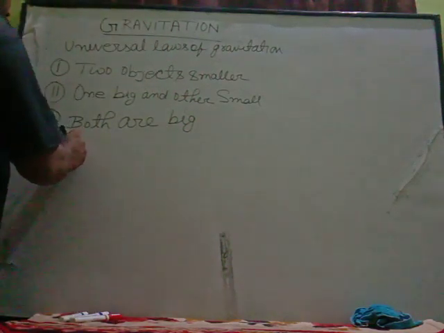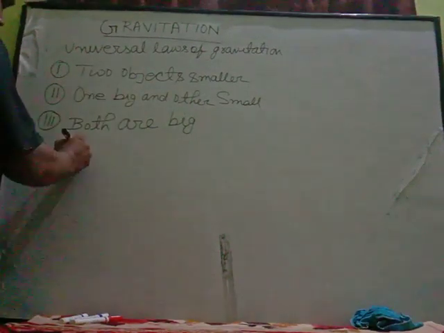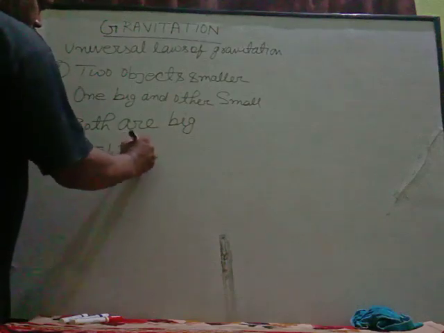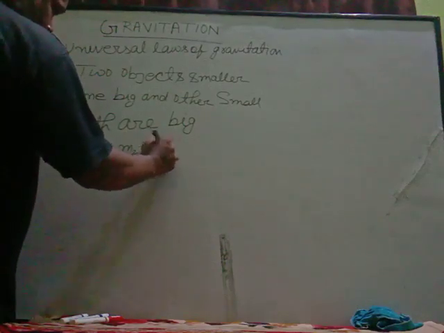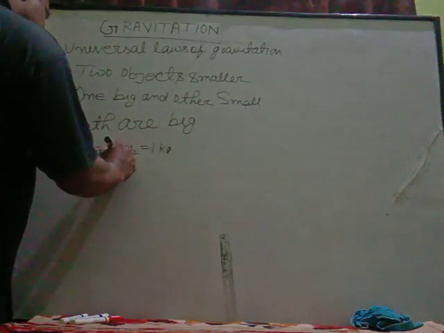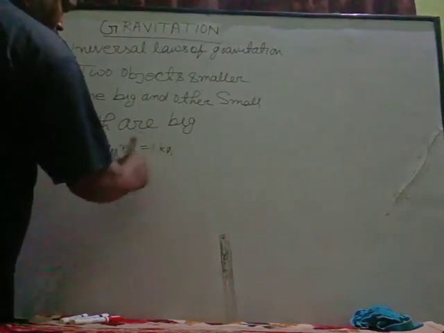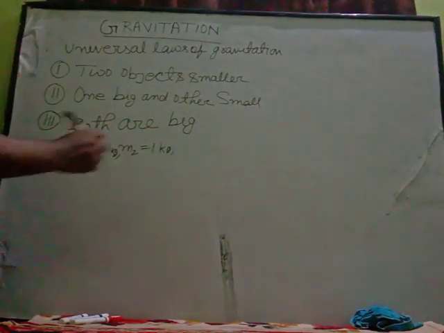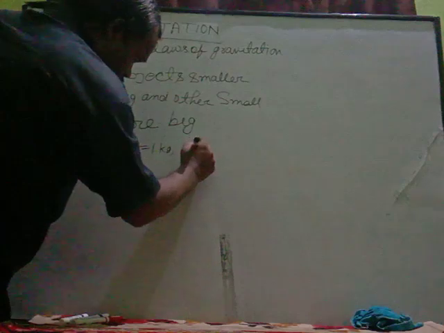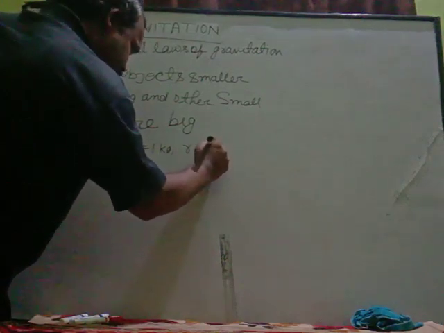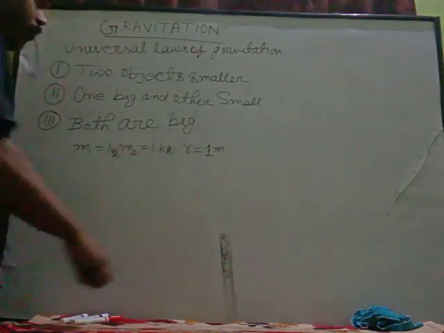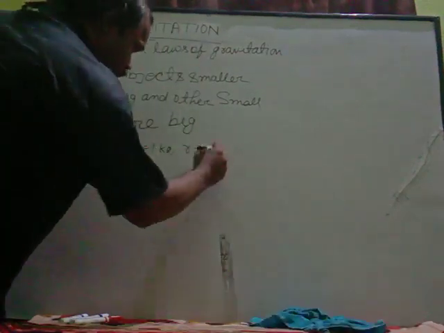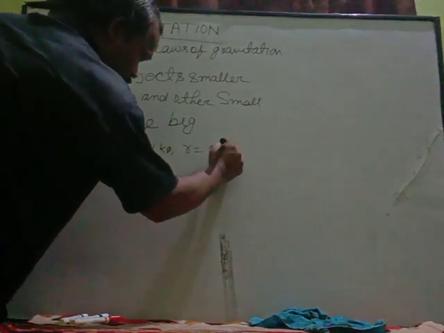So suppose we have two smaller objects, mass is 1 kilogram each, and suppose both are kept at a distance of 1 meter.